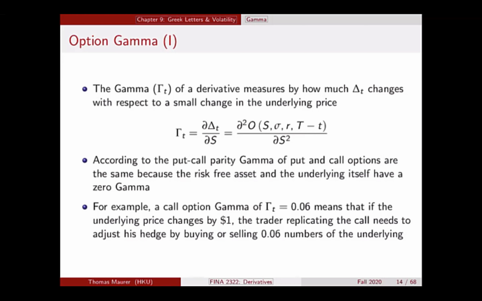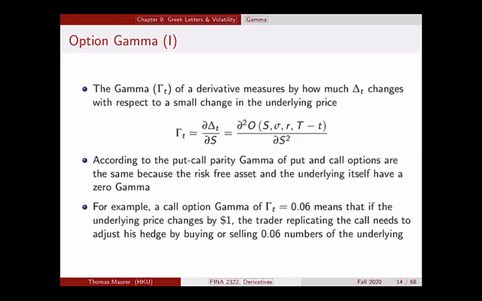Now, if you take the second derivative of the put-call parity with respect to S, then on the left-hand side you have the put, and its second derivative is just the gamma of the put. On the right-hand side, you have the call option, whose second derivative is the gamma of the call. Then short selling the underlying asset, so you have minus S, and its second derivative is actually zero.